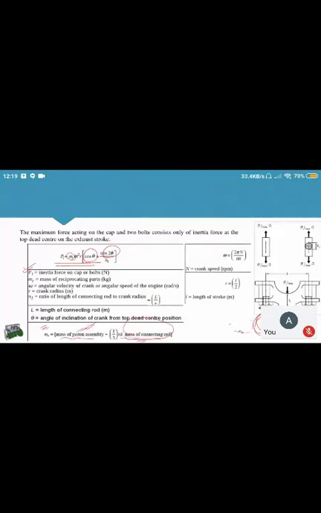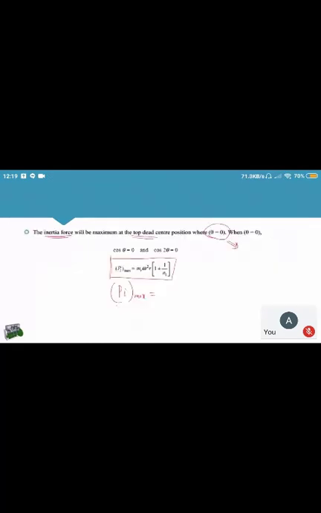Now there are two bolts. When you have to design these bolts, they will be subjected to tensile force. That is why I'm using Pmax is equal to, because this total inertia force will be shared by two bolts.